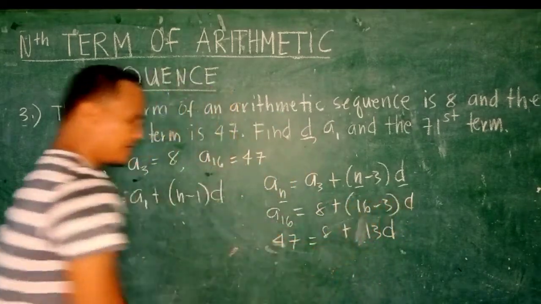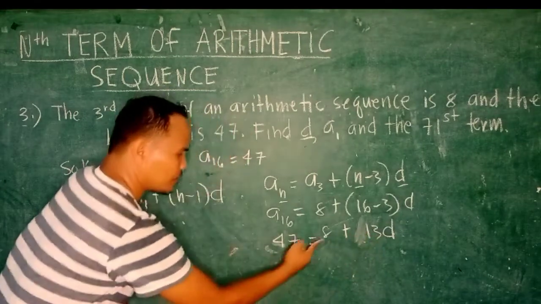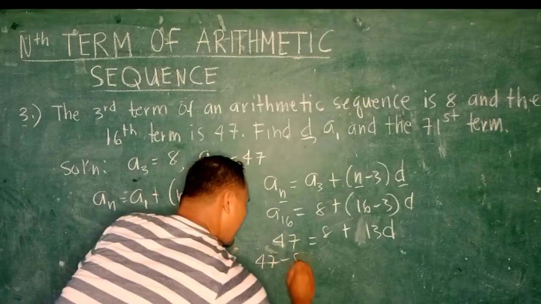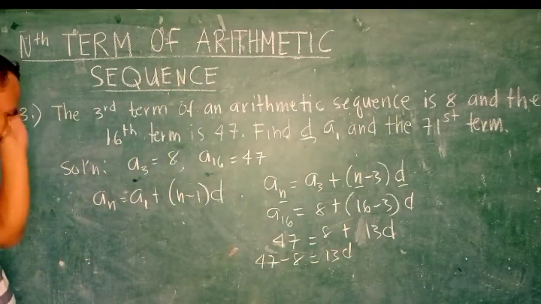Then we cannot combine these. Atong buhaton si 8 ato i-transpose sa left side. So may mo siyang 47 minus 8 equals 13d. Okay?